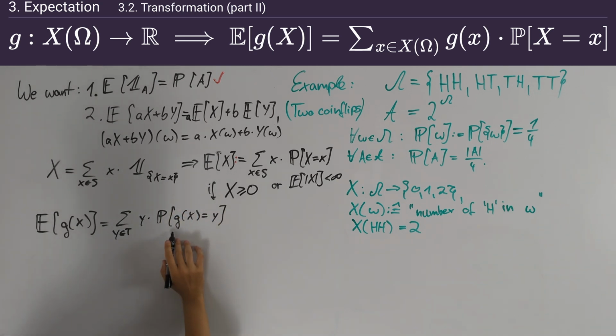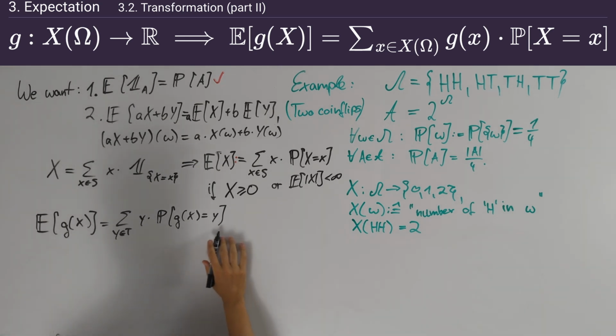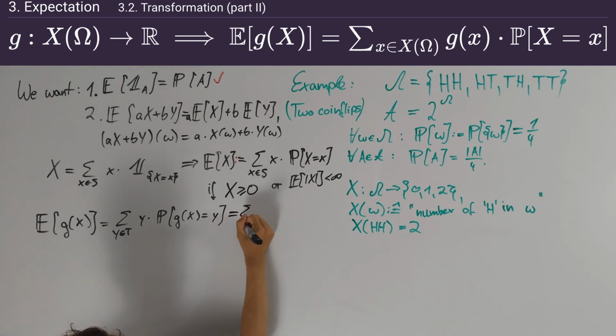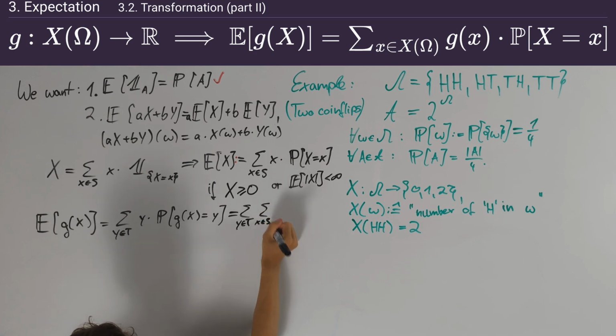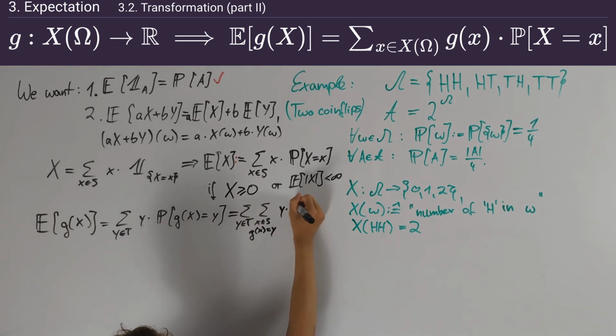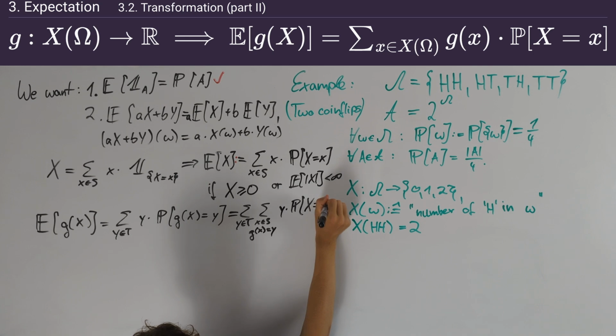We have already seen how to split up this event as a disjoint union in the proof of the fact that g of X is a random variable. Using sigma additivity here, we obtain that this is equal to the sum over y in T, the sum over x in S such that g of x equals y, of y times P of X equals x.